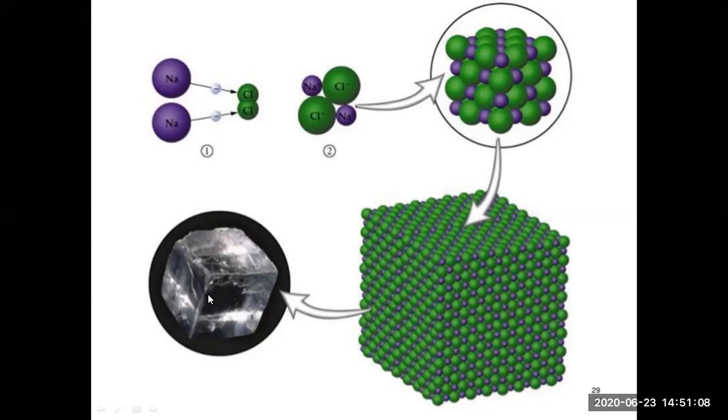You can find these crystals, these pieces, in salt like Ajinomoto or other types of salt. So you can say these are pure crystalline solids. This was the first part of this structure.